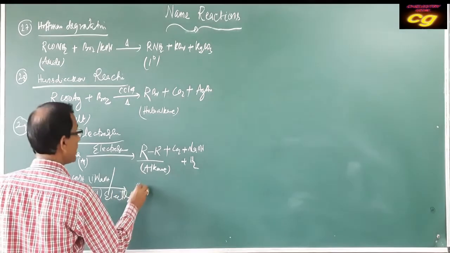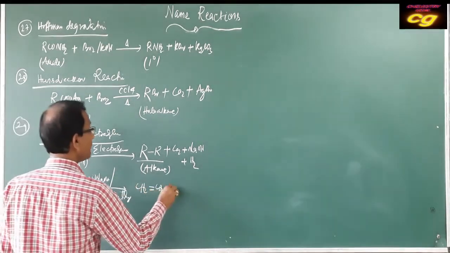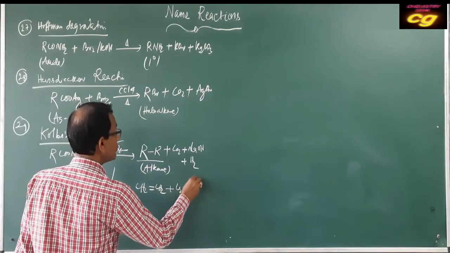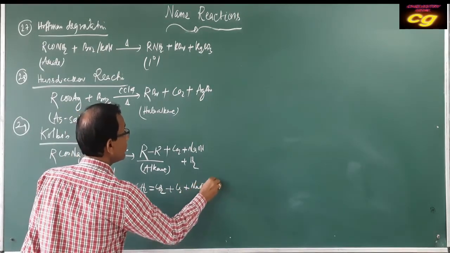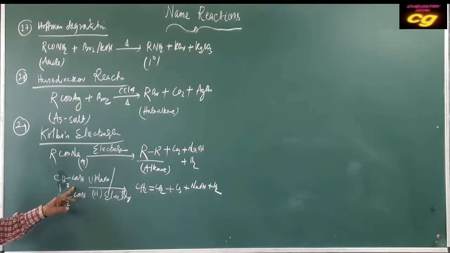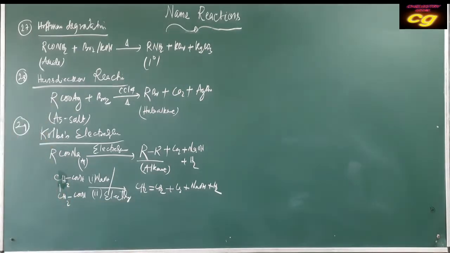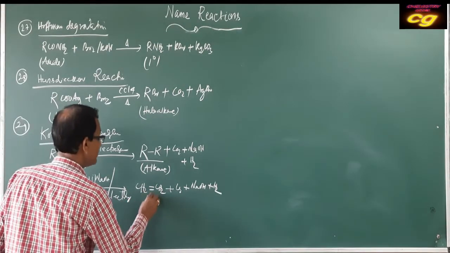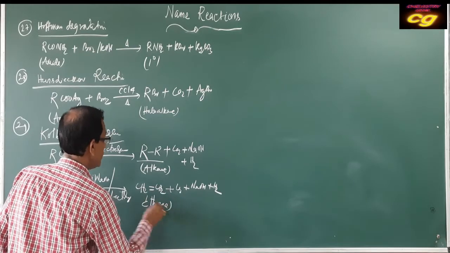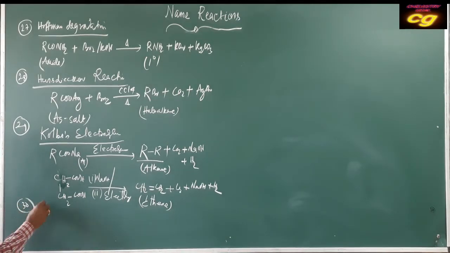Product will be alkene, with the same carbon dioxide plus sodium hydroxide plus hydrogen. First produce the sodium salt of this acid, then under electrolysis produce alkane. So this is alkane, ethane. So this is called Kolbe electrolytic method. Then Kolbe reaction, very important. Kolbe reaction.